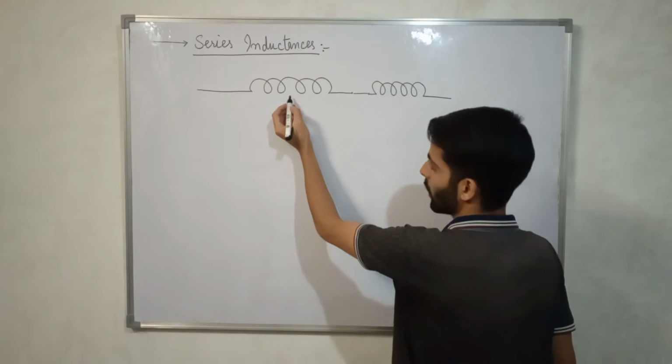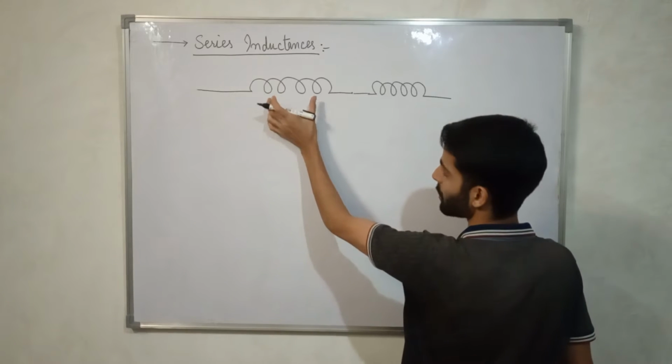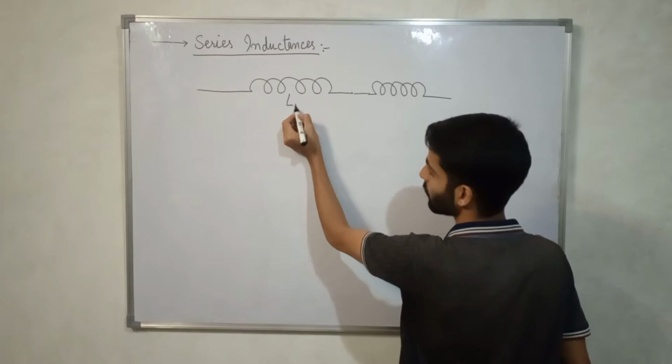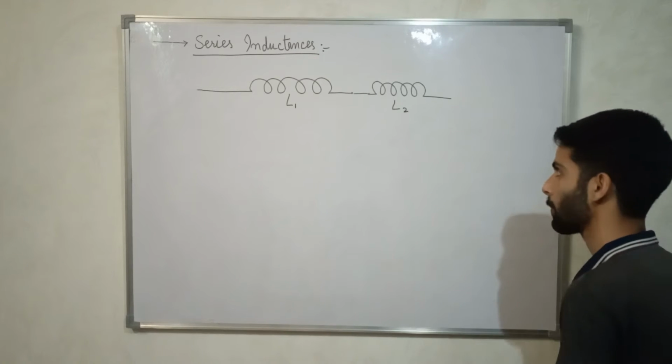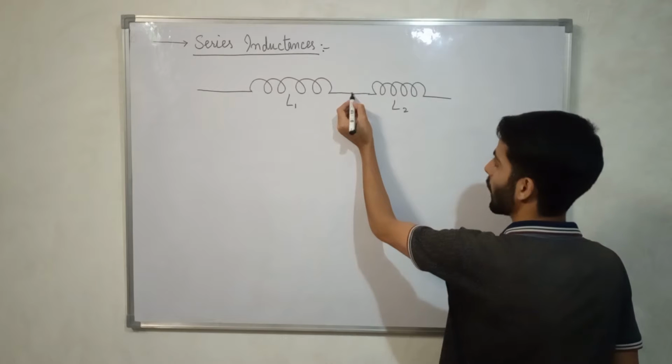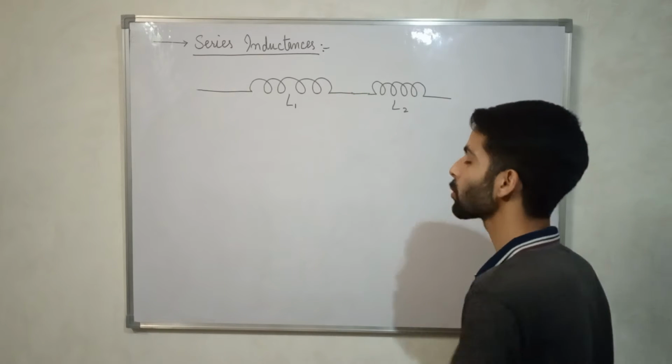The self inductance of this first one is, say, L1 and this has L2. And suppose both of them have a mutual induction M.